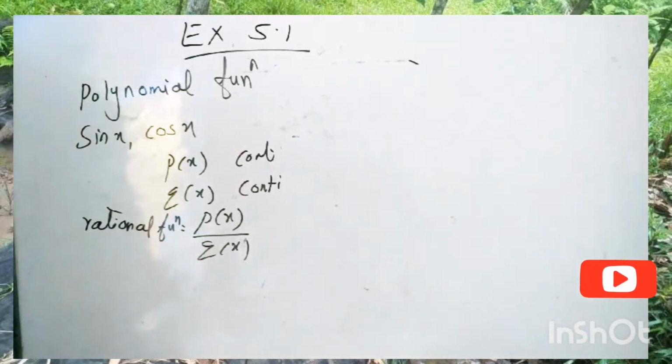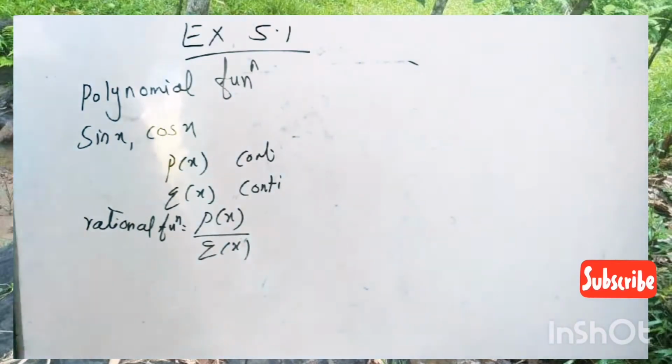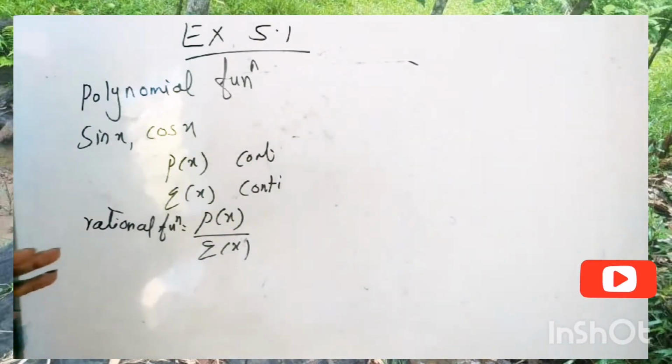If p and q are continuous, then p of x divided by q of x, the rational function, is continuous. So every polynomial function is always continuous, and a rational function is continuous. Sin x is continuous, cos x is continuous. So these are some continuous functions.